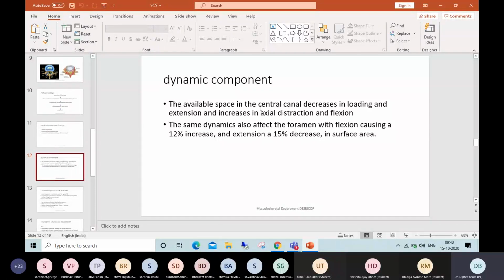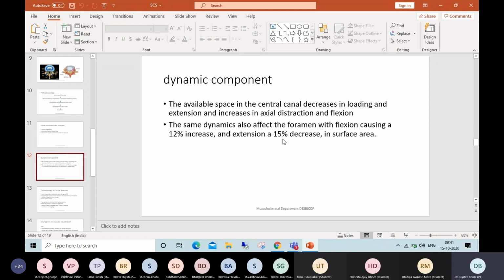Okay, and it has also been seen that the opposite is true. While compression and extension will decrease the space available in the central canal as well as in the lateral canal, distraction and flexion are likely to increase them. It has been found that with flexion there is an increase in the area available to the spinal cord, while extension decreases it by almost 15%.